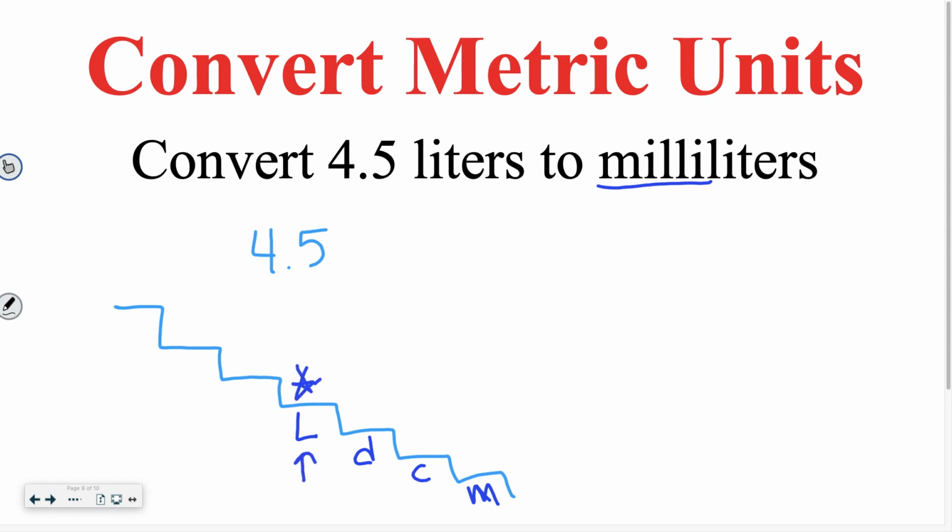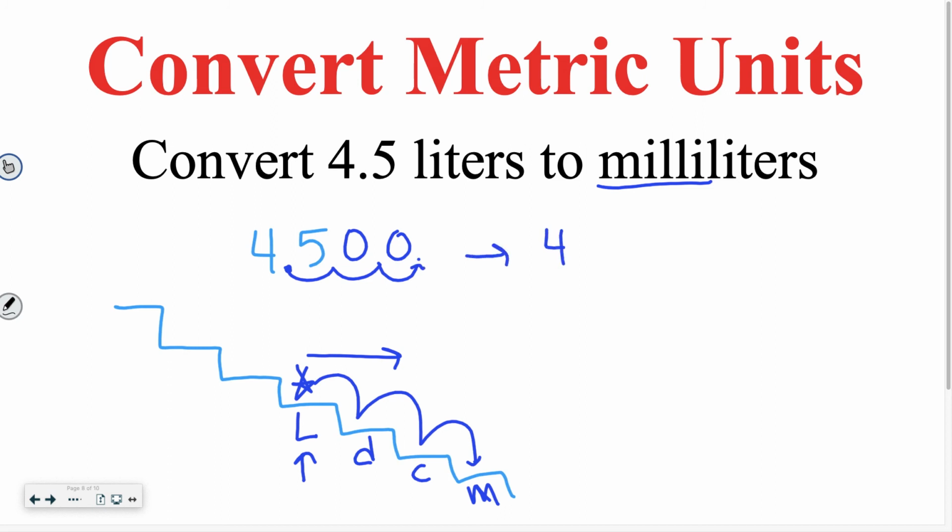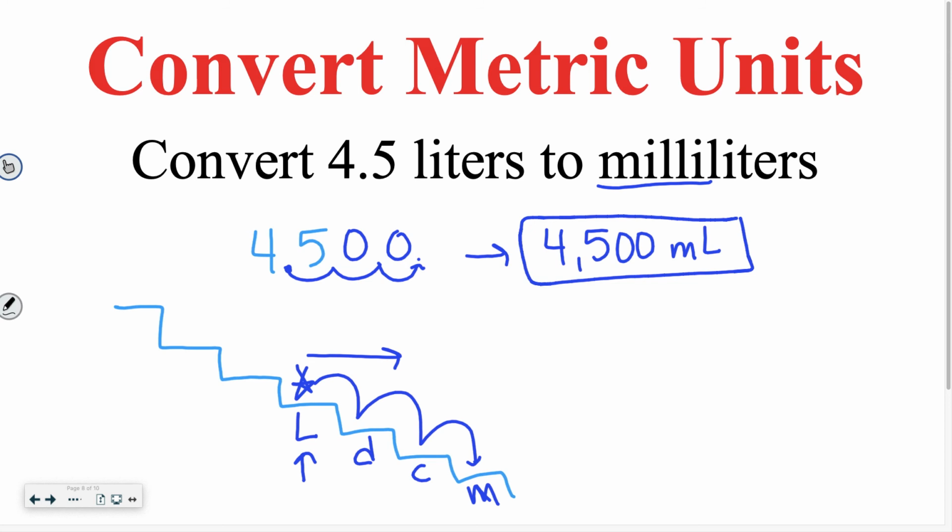And I have to move down 1, 2, 3 steps. So that means I'm going to take my decimal, and since I moved to the right, I'm going to move to the right 1, 2, 3. And that's where my new decimal is. So 4.5 liters is 4,500 milliliters. And the abbreviation for milliliters is the lowercase m, capital L.